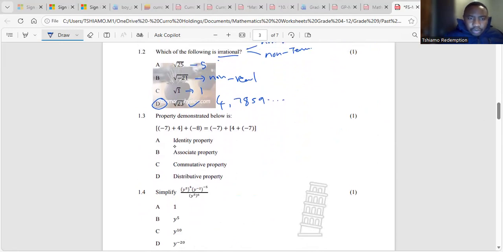Property that is shown below. So what happened here? They're grouping the first two numbers, and then you get 8 there. Okay. And they're grouping the other two numbers.